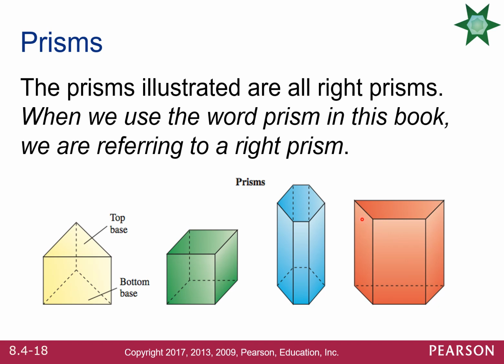The top and the bottom are trapezoids, and the side surfaces are all rectangles. So these are called prisms, where the base is a certain polygon, and on top of it the sides are congruent rectangles.